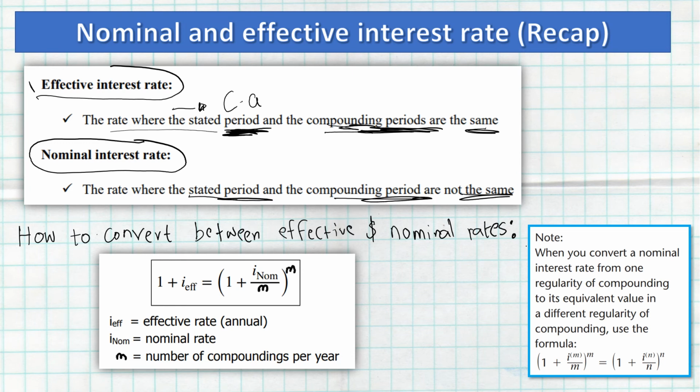They are different. For example, they can give you 5% per annum compounded quarterly. The stated period, per annum, and the compounding period are not the same. It is compounded quarterly, but the percentage is being paid per annum.